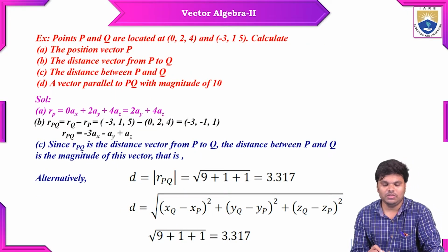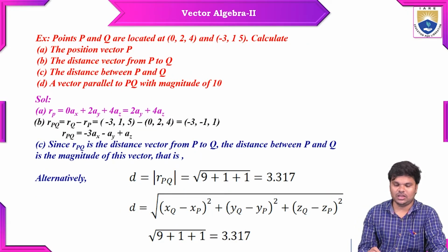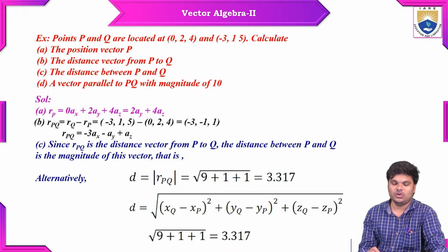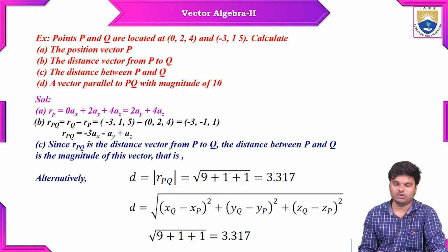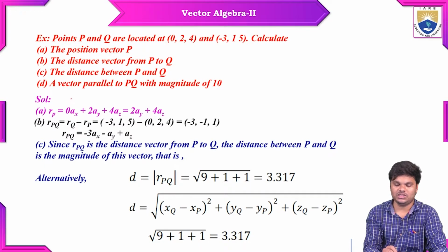Let's solve another problem. Here we are given two points, P and Q. P is located at (0, 2, 4) and Q is located at (-3, 1, 5), and we should calculate the position vector P. Position vector P is nothing but 0AX plus 2AY plus 4AZ, that is 2AY plus 4AZ.